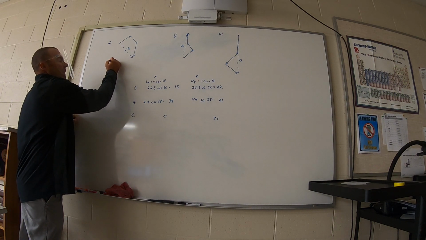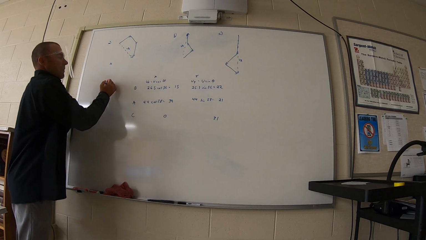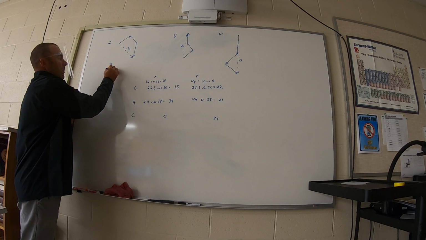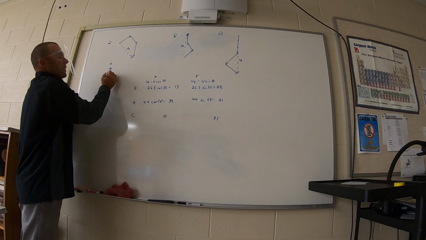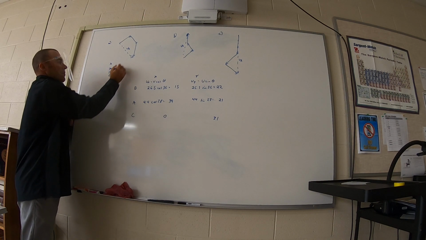So our x components in this one, let's see, A is 39, it's positive because it's going right. B is 15, it's going to the right, and C is 0.